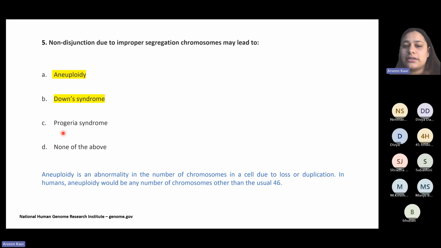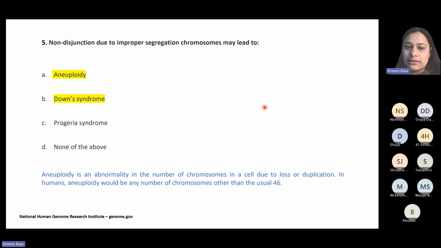Progeria syndrome is another progressive rare genetic disorder, but it is not due to improper segregation of chromosomes, right? And you guys might not even have heard about this one. Down syndrome, on the other hand, I would assume that at least, if not everybody, at least 70-80% of you might have heard about this, right?